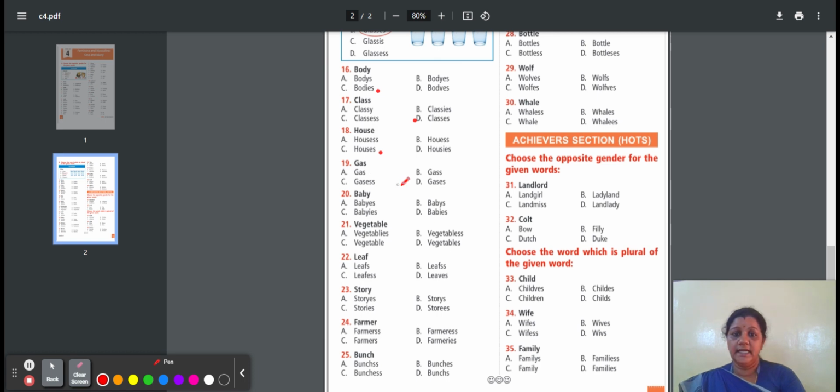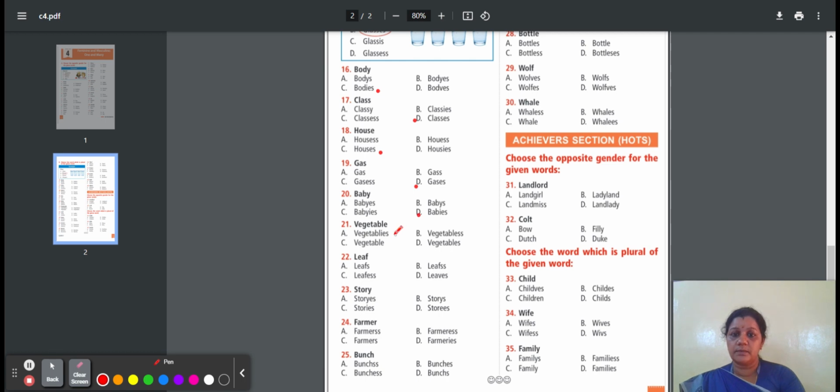So the option D, gases. The rest of the options are meaningless. 20, baby. Here this word ends with Y, so we have to remove this Y and add IES. Babies. D option. Rest of the options are meaningless.